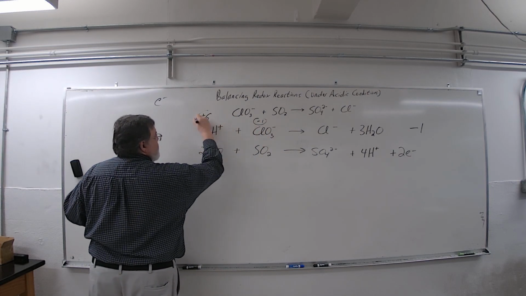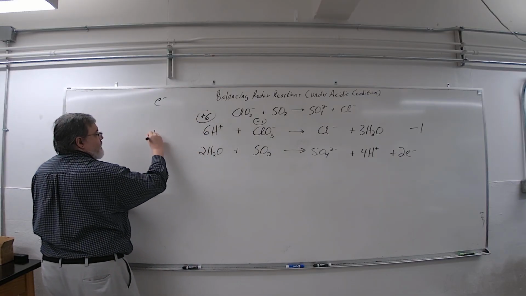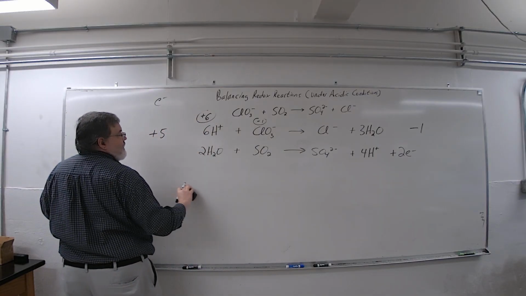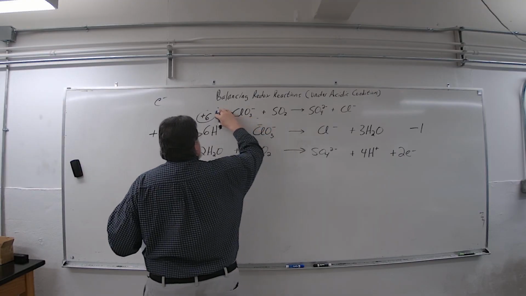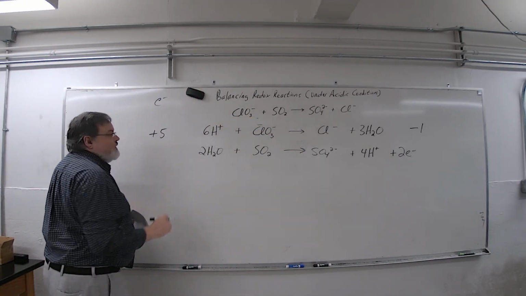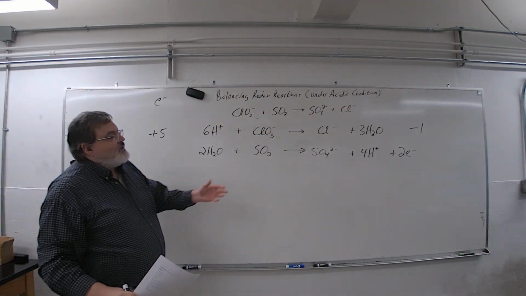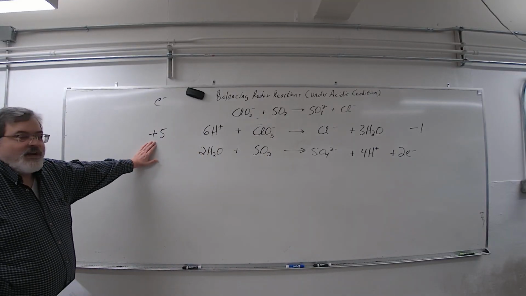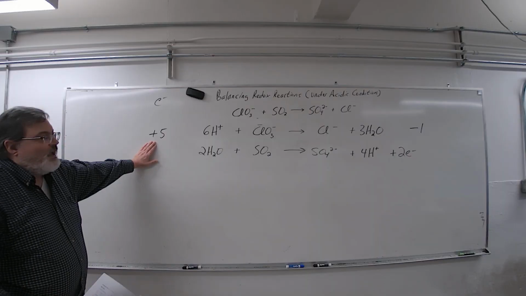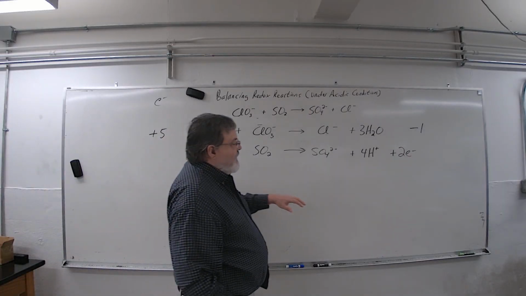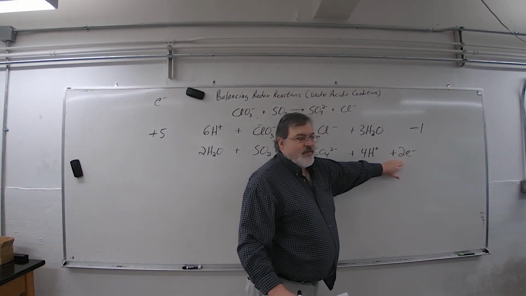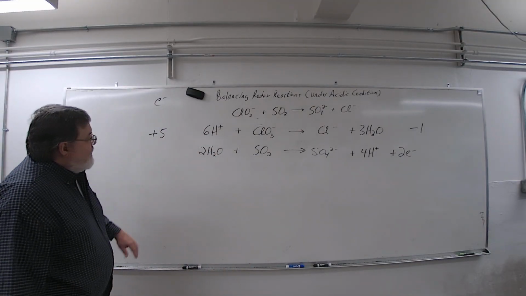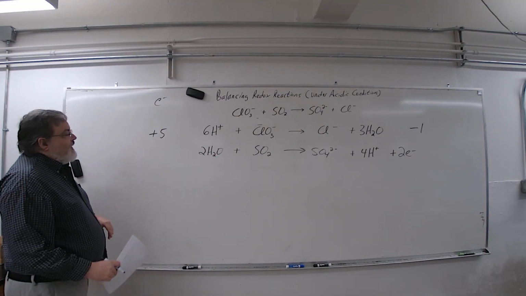So add those two together, that means over here we're at plus 5. So where are we going to add the electrons? If we add electrons on the negative side, we're just going to go down. We've got to get to +5 if we're going to add over there. So we don't add over there. Another clue is you're necessarily going to add to the opposite side that you added for the other one. So yeah, we're going to add to this side.